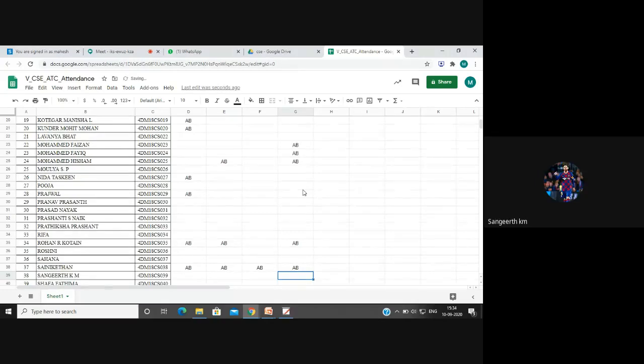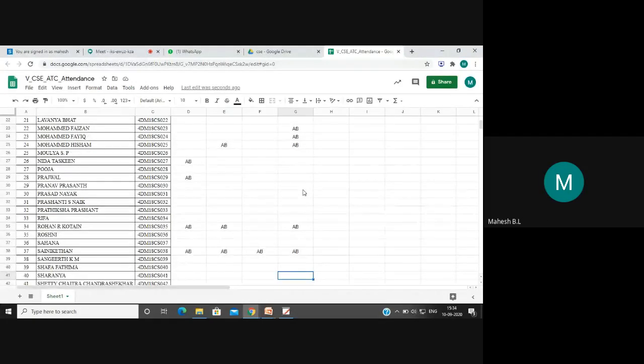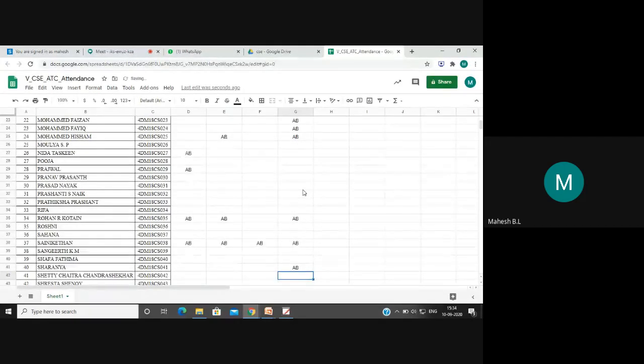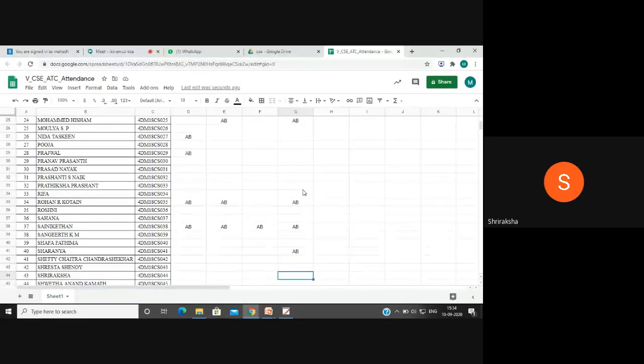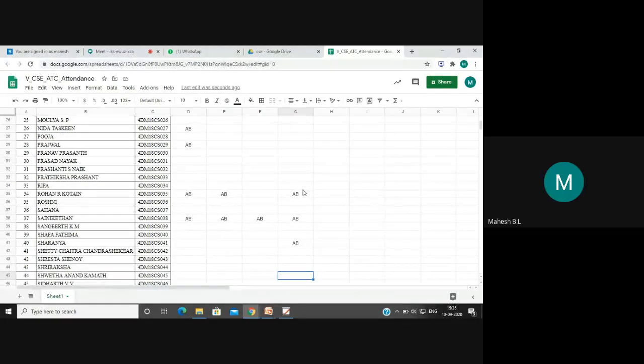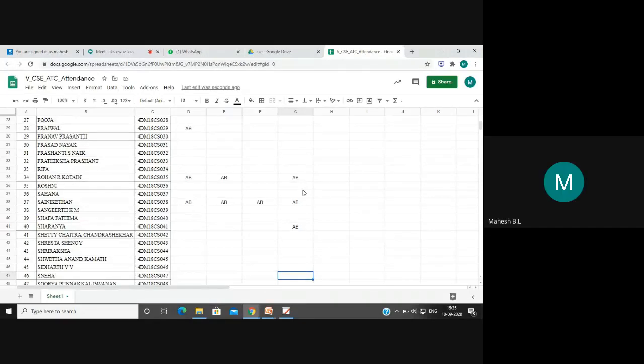Sangeet, present, sir. Sharanya. Chaitra, present, sir. Shrestha, present, sir. Shreeraksha, present, sir. Shweta, present, sir. Siddharth, present, sir. Sneha.